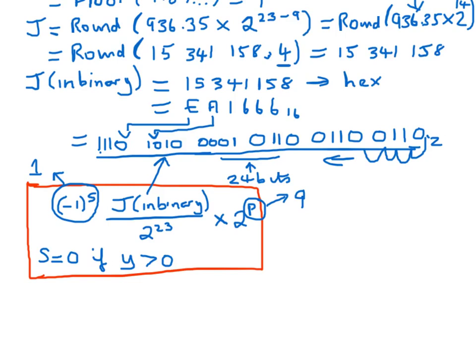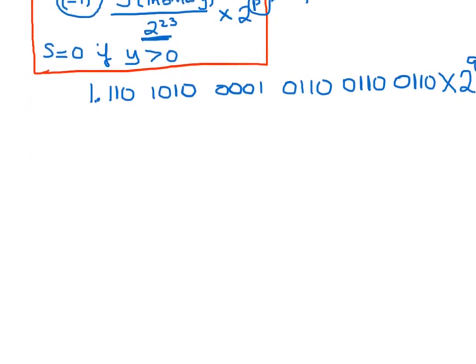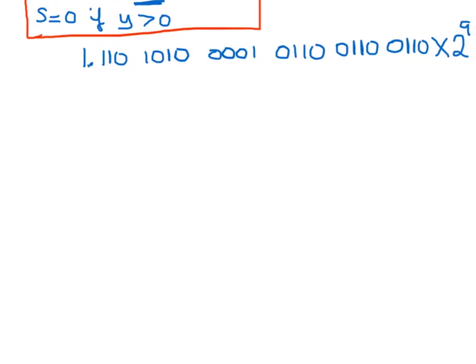It's going to turn out to be 1.1101010000101100110 0110 0110. So the fractional point is now here because you divided by 2 to the power of 23, and all I'm left with then is multiplied by 2 to the power of p, and p has the value 9.